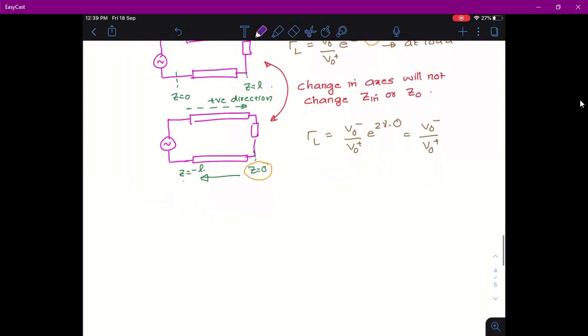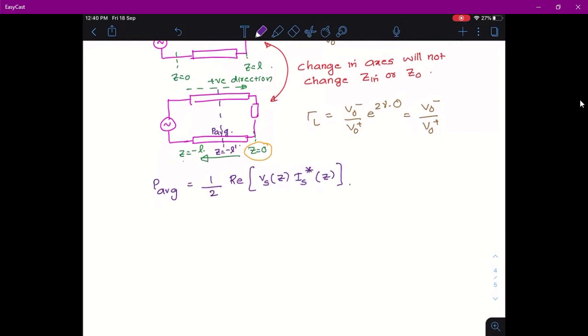Now, you define the average power as 1 by 2 into the real part of Vs of Z multiplied by Is conjugate of Z. Let us consider a point L dash from the load, which means Z is at minus L dash, and we are going to consider the average power at this point. What will be the value of Vs of Z?